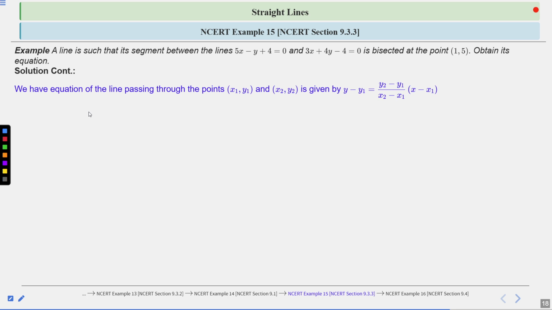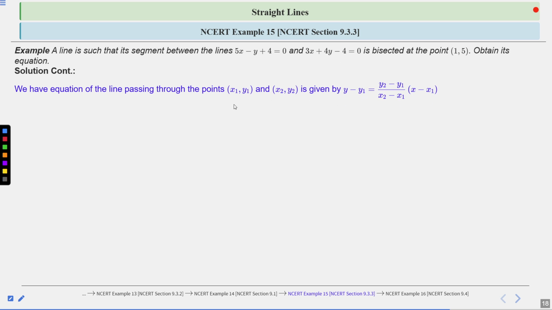So the equation of the line passing through the points x1 comma y1 and x2 comma y2 is given by y minus y1 equal to (y2 minus y1) divided over (x2 minus x1) times (x minus x1). We know this formula.